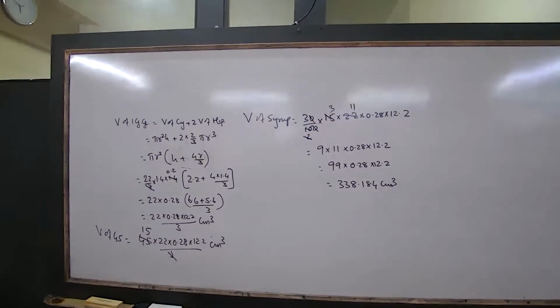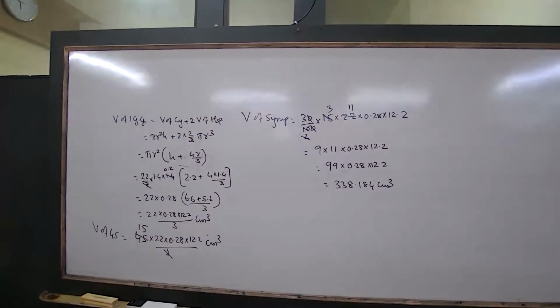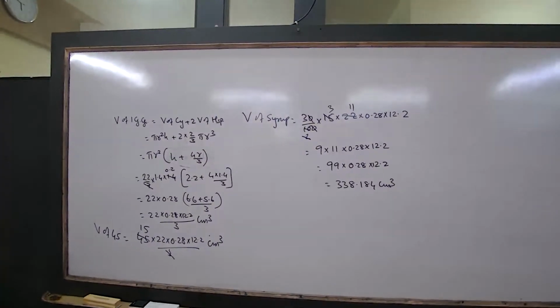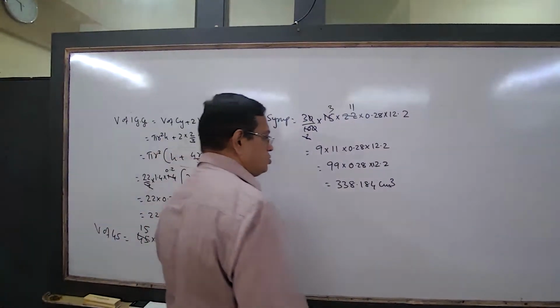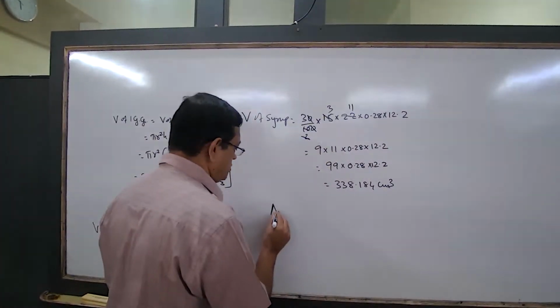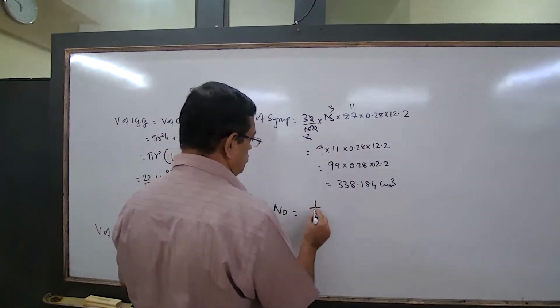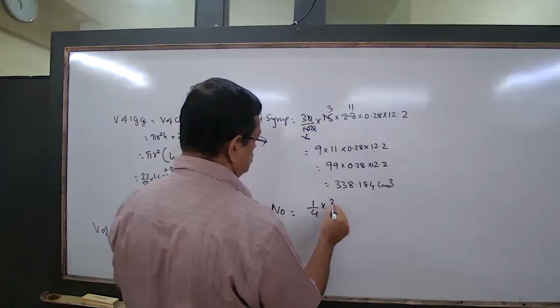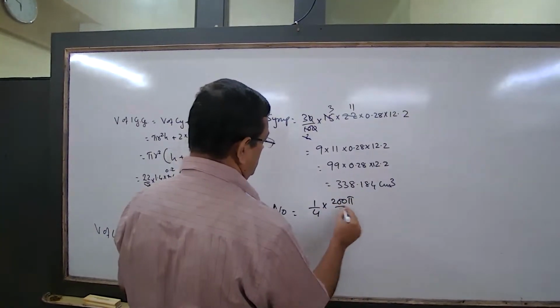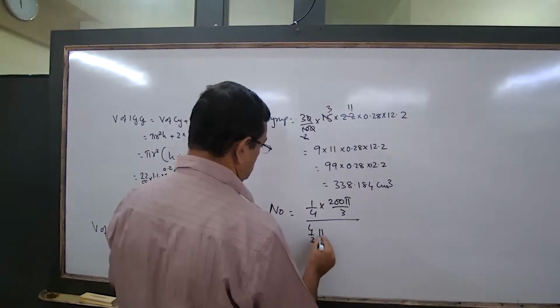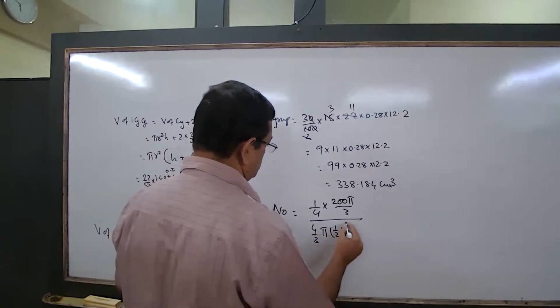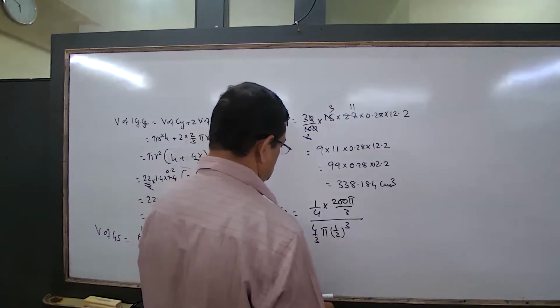That is equal to 4/3 pi into 1/2 whole cube. Therefore, number is equal to 1/4 into 200 pi divided by 3 divided by 4/3 pi into 1/2 whole cube. Simplify and see what is the answer.